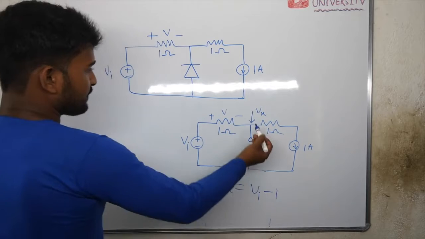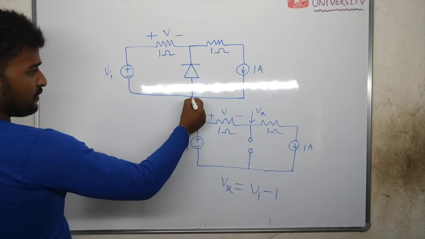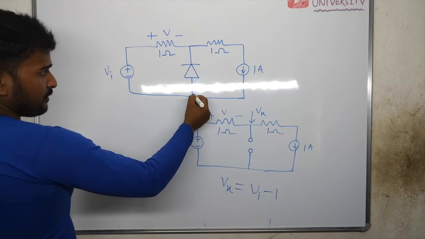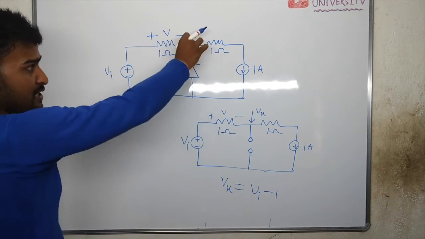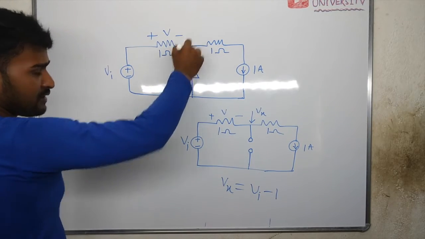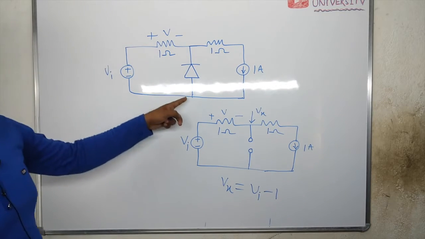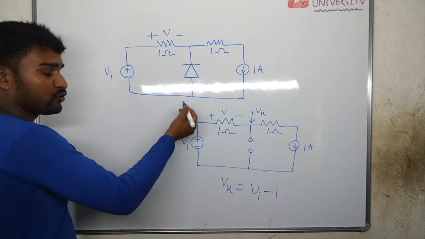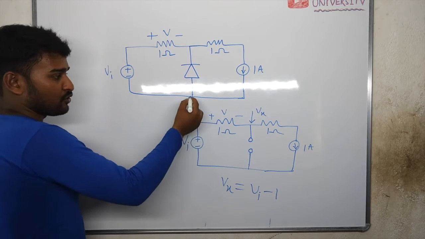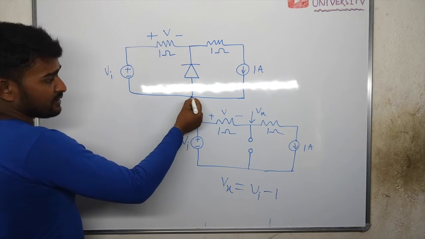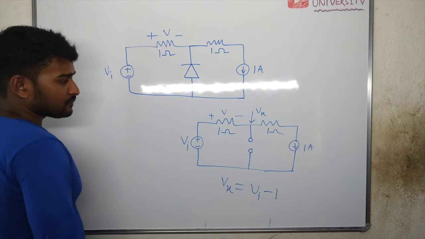Now, seeing this circuit having two principal nodes, you assume this as a non-reference node and this as a reference node, and we know that according to nodal analysis the reference node potential is always 0 volt.